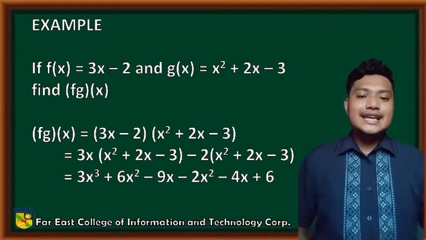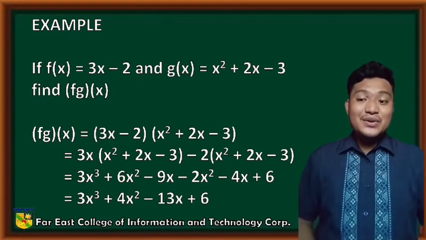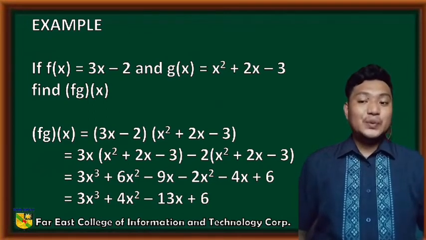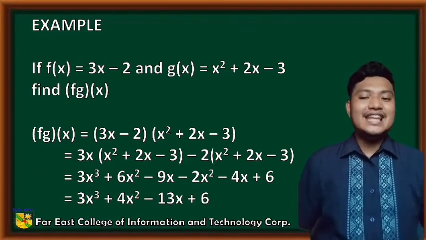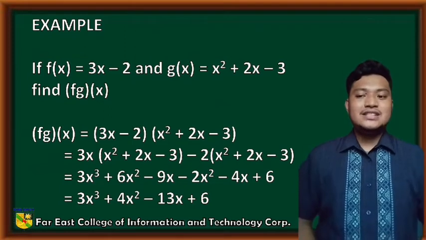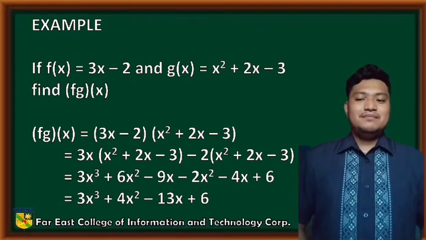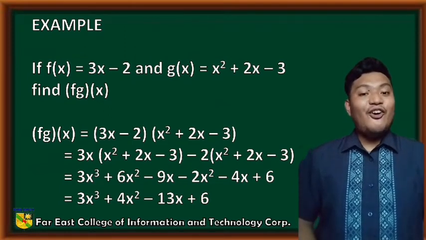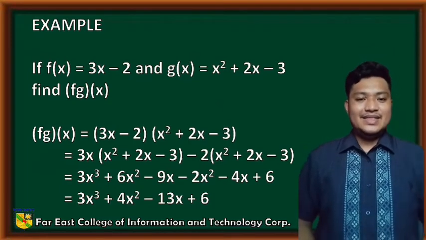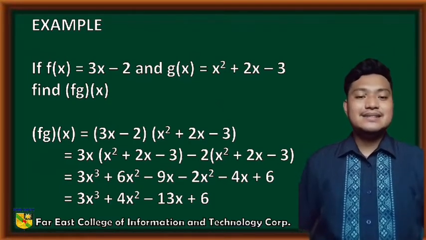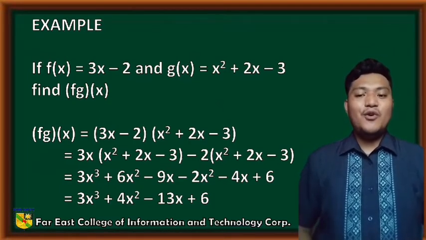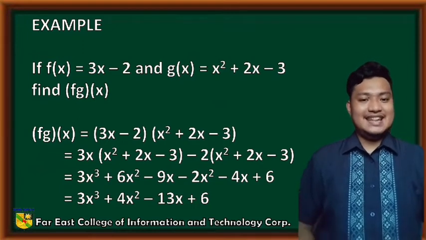So the answer is 3x cubed plus 4x squared minus 13x plus 6. 6x squared minus 2x squared is 4x squared. Negative 9x minus 4x is negative 13x.